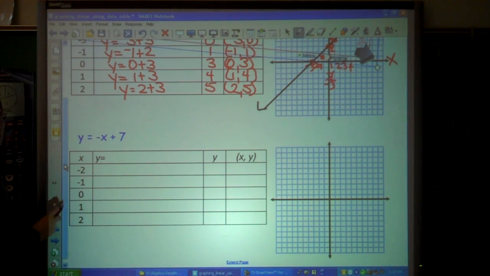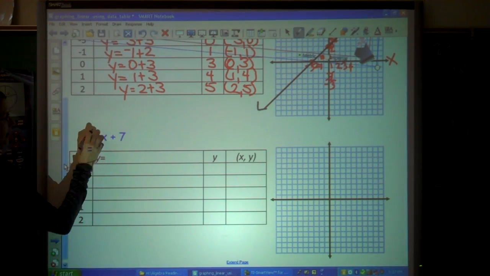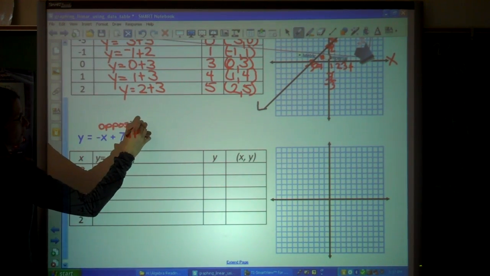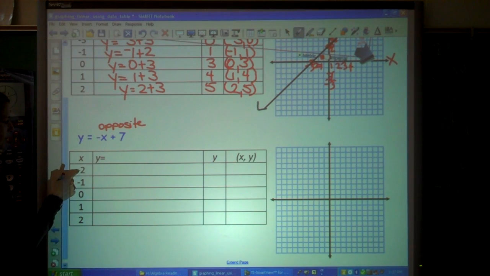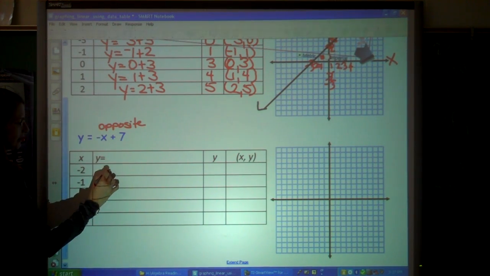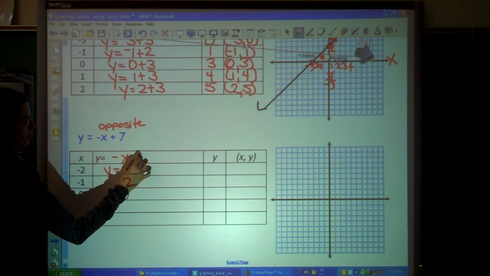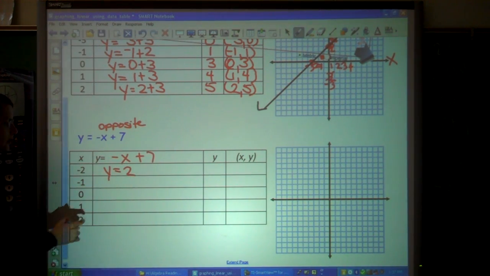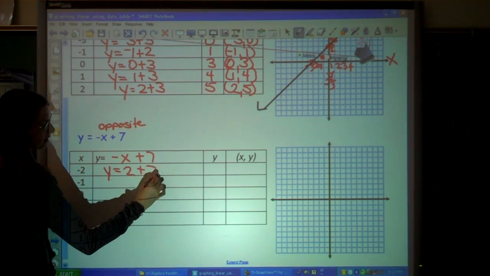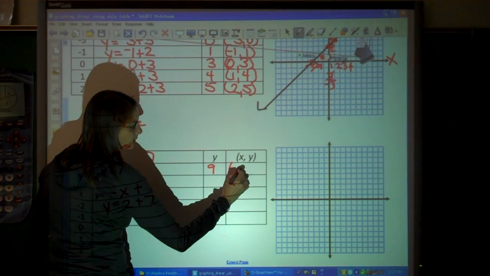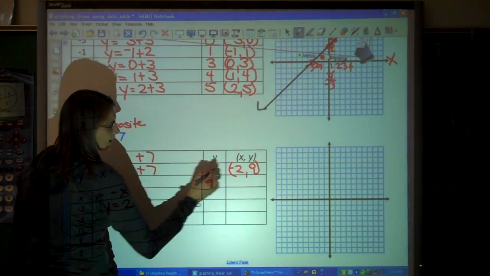Negative x just means the opposite of x. So for this one, a negative 2 really makes a positive 2. And I forgot to write my equation there: y equals negative x plus 7. So positive 2 plus 7 is 9. So when x is negative 2, y is going to be 9.